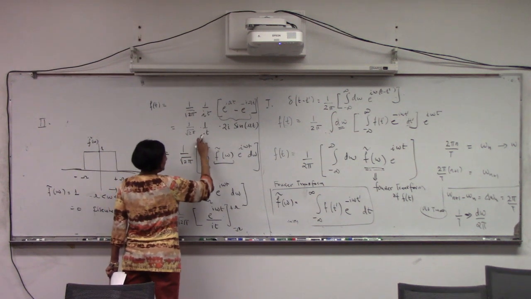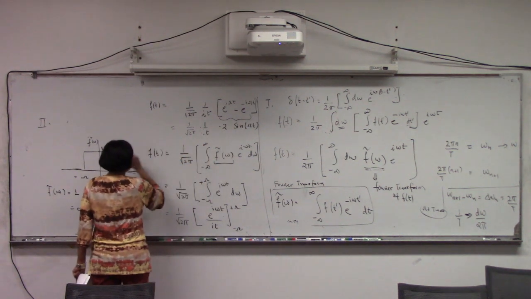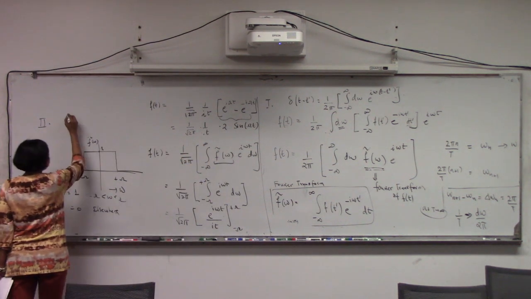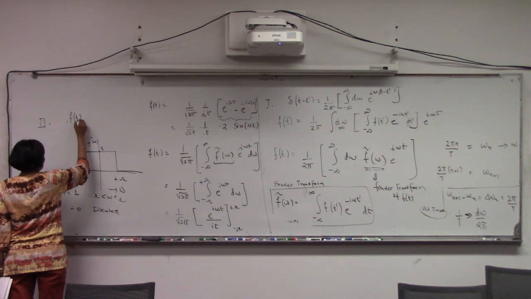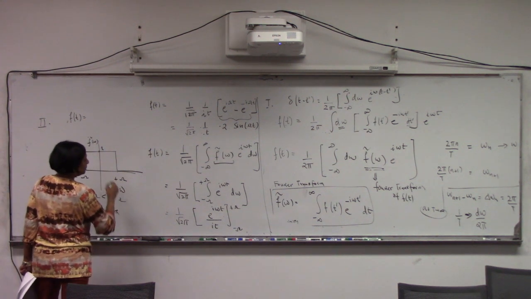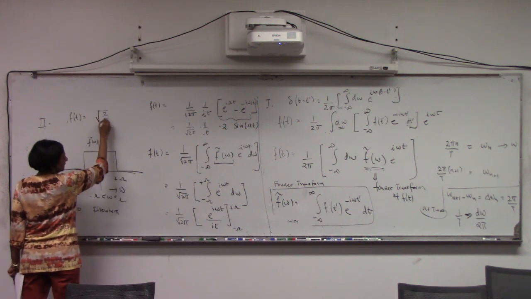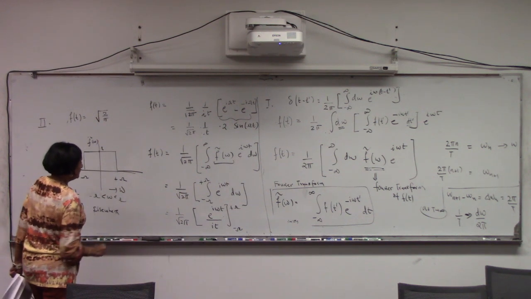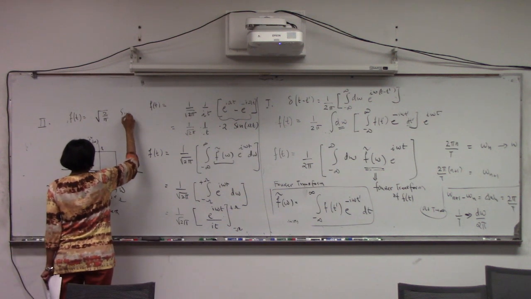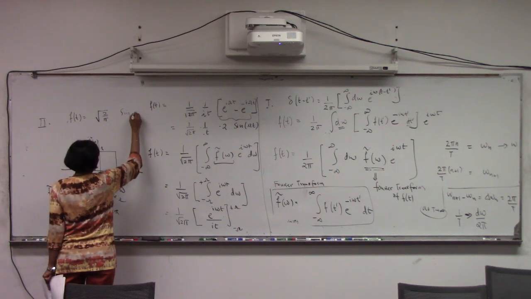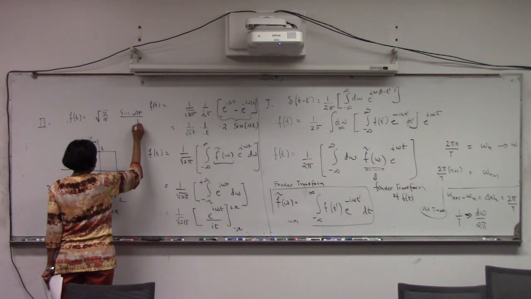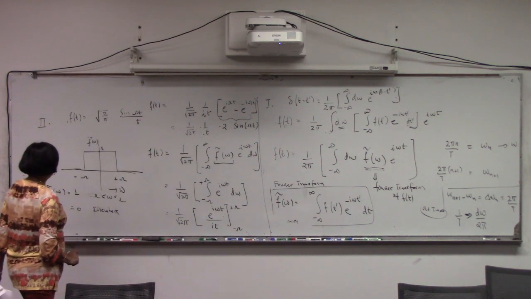Alright, i and i will cancel. So f of t looks like nothing but square root of 2 over pi, is that right? Sine of omega t over t.